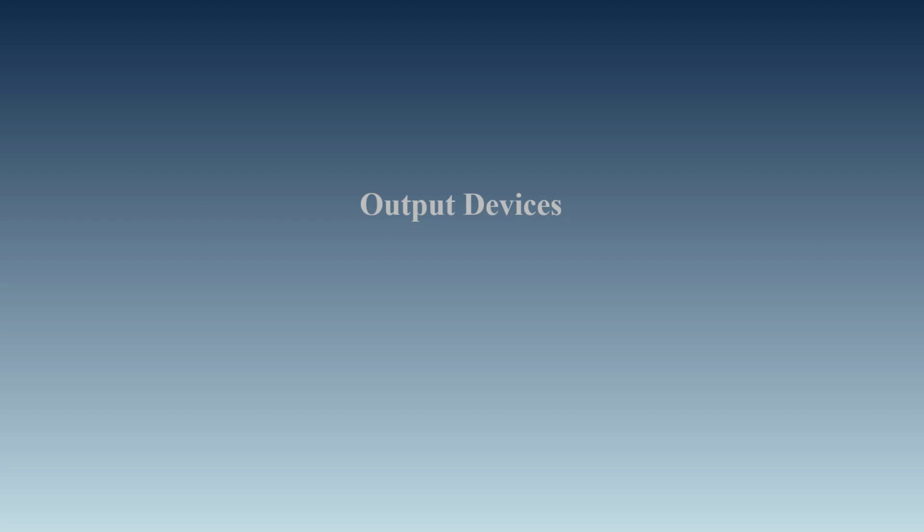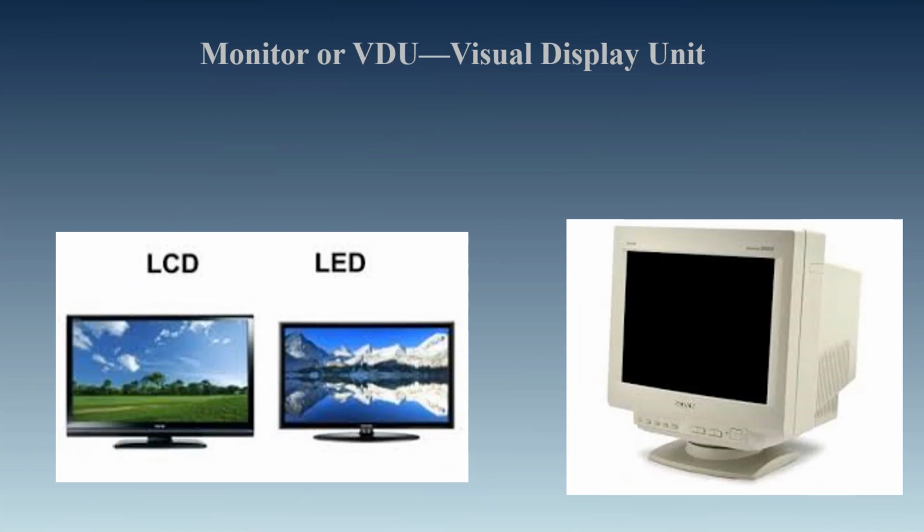All those devices which display the information being processed in the computer, we call output devices. The very basic and first device is the monitor. On the right hand side, this one is the CRT monitor, cathode ray tube.